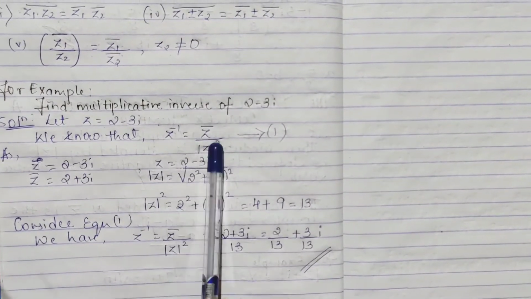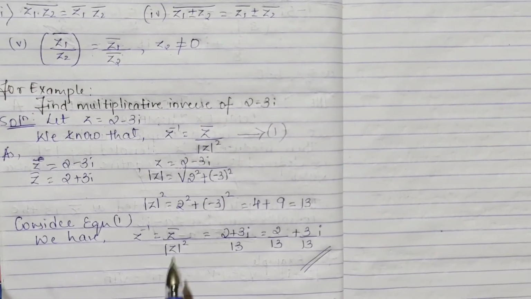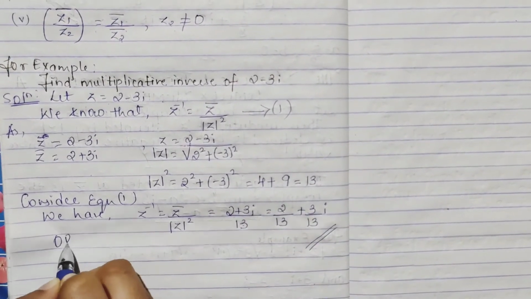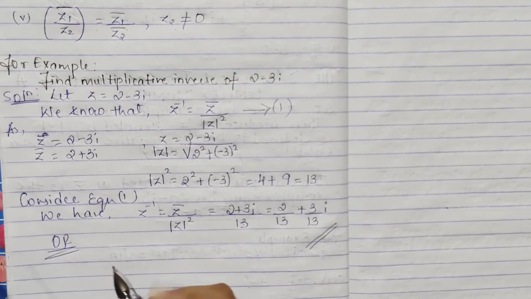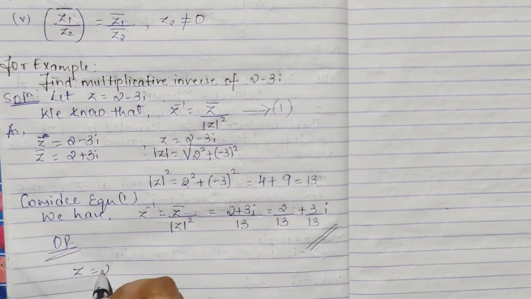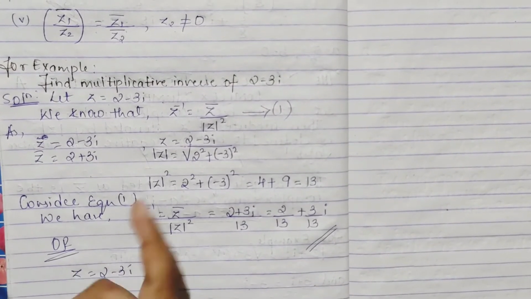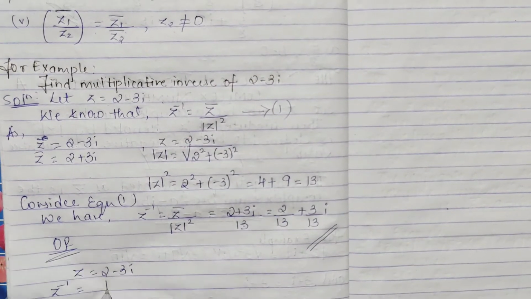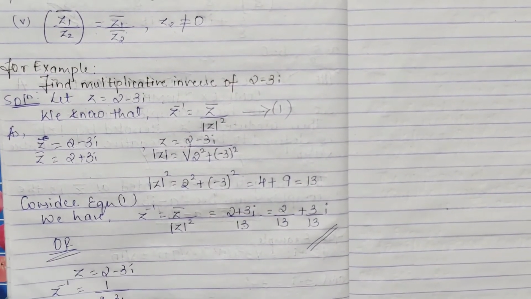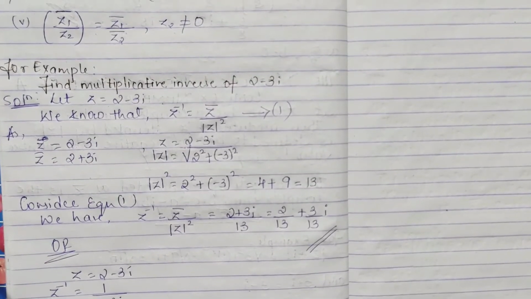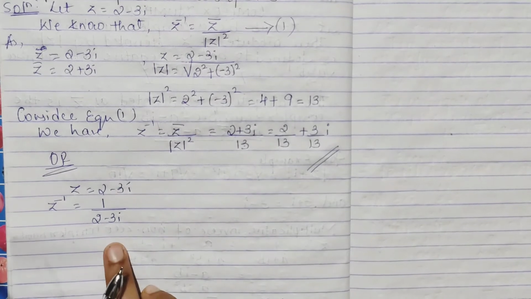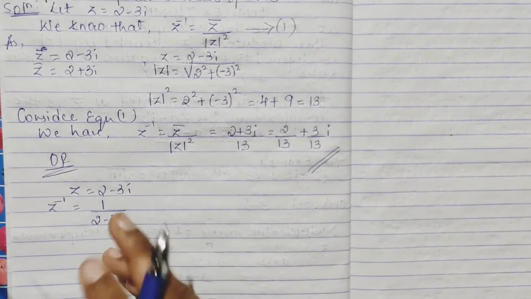You can use it directly like this, or you can go by 1 by z. Let me show that too. Z is 2 minus 3i. Multiplicative inverse they are asking, means z inverse, right? Z inverse means 1 by 2 minus 3i. So 1 by 2 minus 3i, how do you do it?